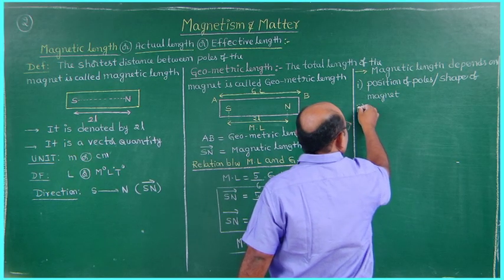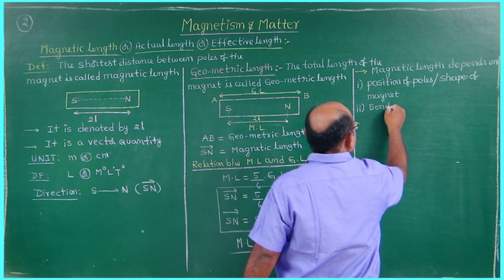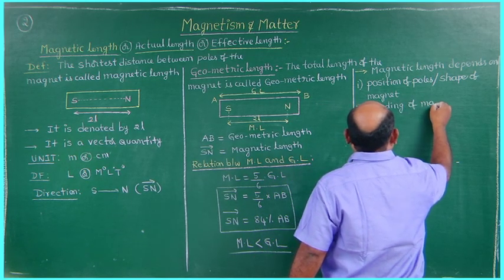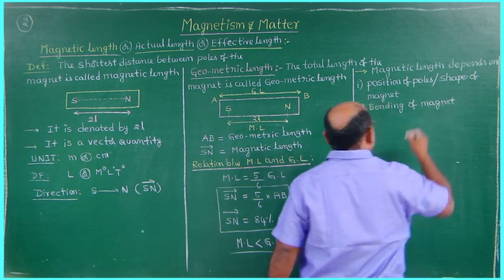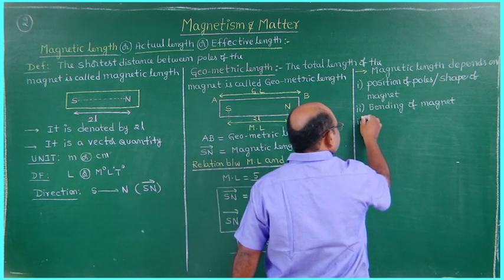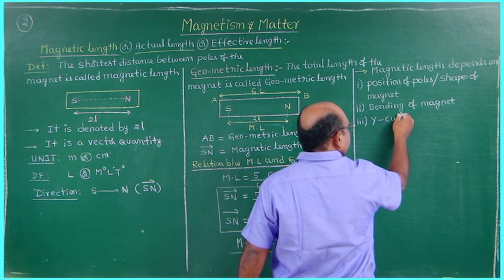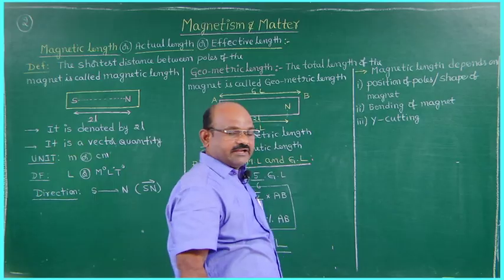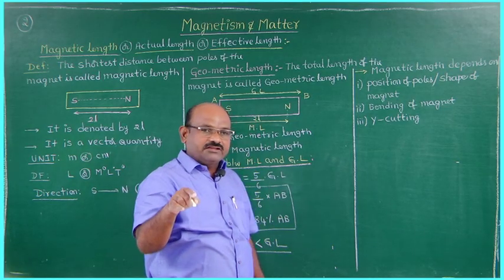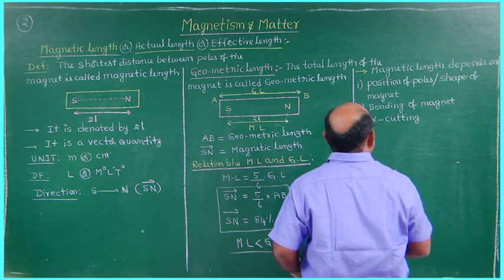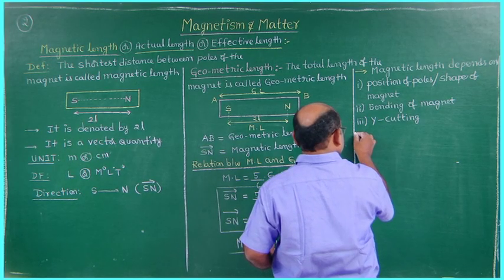Second one, bending of the magnet. Third one is Y cutting. Y cutting means the magnet is cut along the Y direction. Otherwise, if the magnet is cut along the X direction, it means X cutting. This is the dependence of the magnetic length.